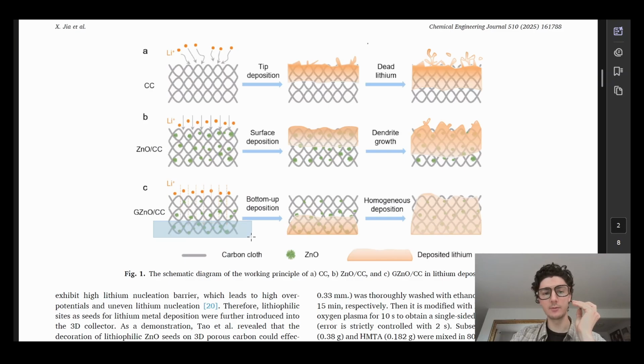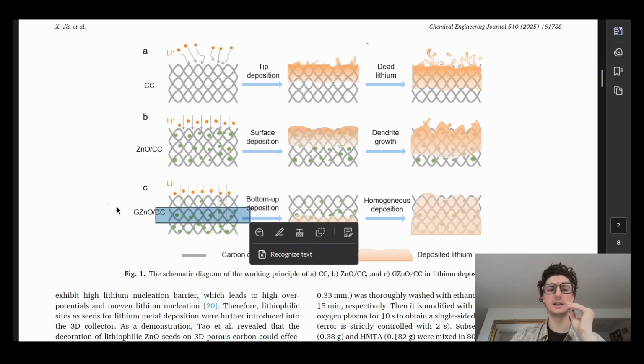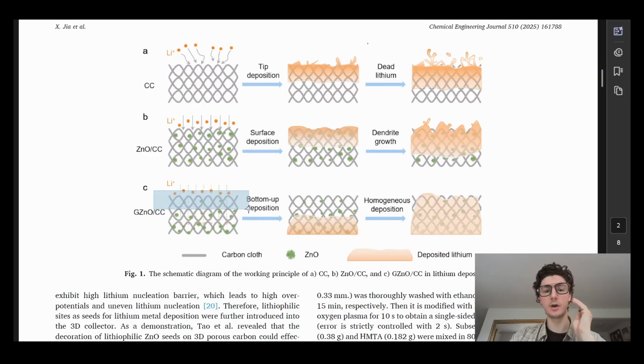So at this bottom layer over here, you have more zinc oxide. At this middle layer, you have slightly less, and at this top layer, you have the least amount. So this is what they mean by gradient. As you move through the carbon cloth, the amount of zinc oxide particles or nanoparticles, whatever kind of structure they're in, gets less.